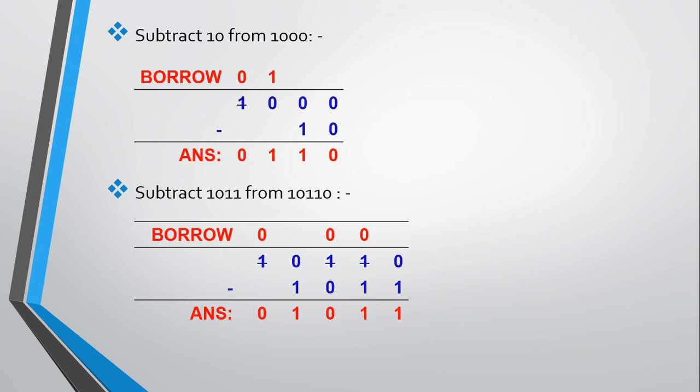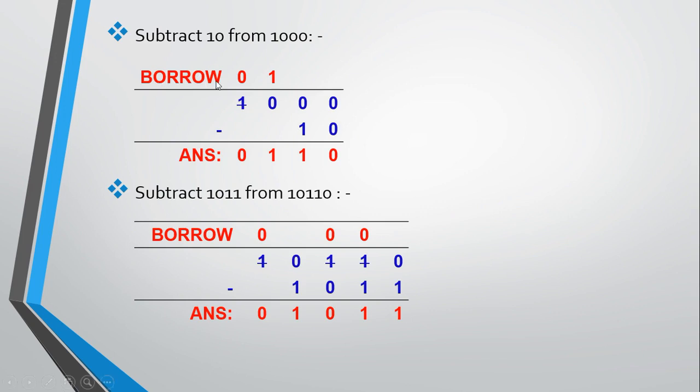Now let us consider an example of subtraction of binary numbers. The first subtraction is given over here: subtract 10 from 1000. In this example, you write 1000, minus 10, in this way.